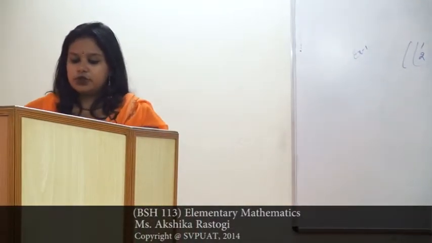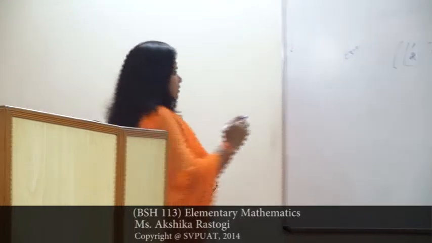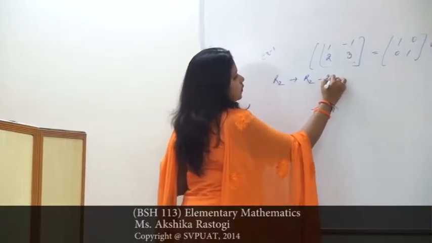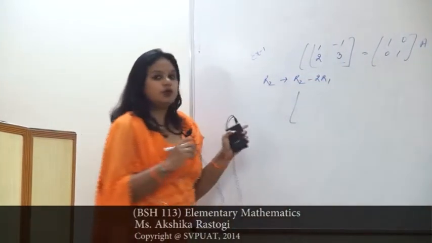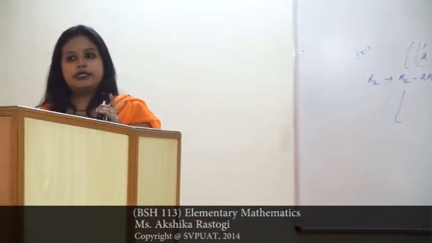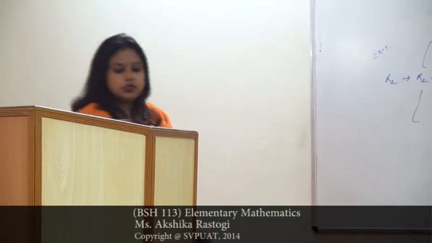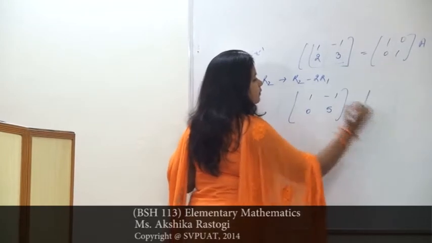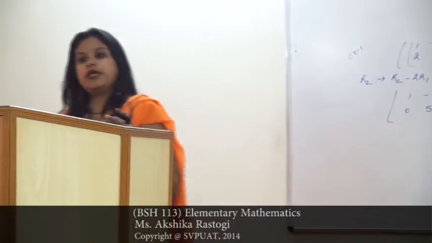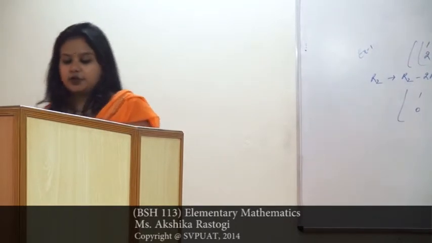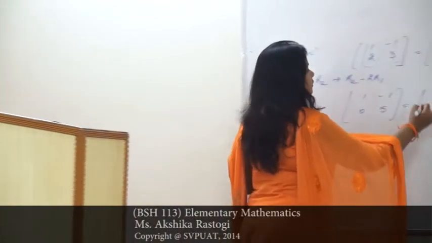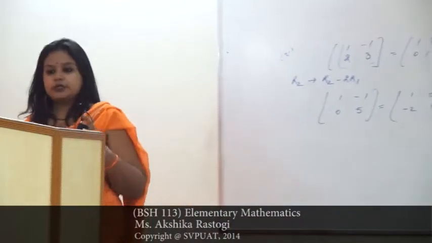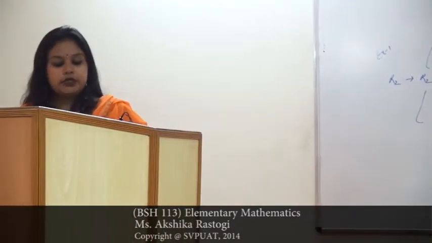First we apply the transformation R2 becomes R2 minus 2 R1, and we apply the same transformation on the right hand side also. For this transformation we have 1, minus 1, 0 and 5. On the right hand side we get 1, 0 and minus 2, 1 into A.